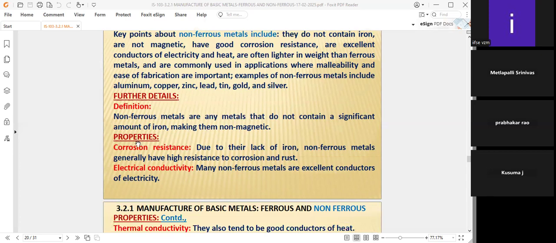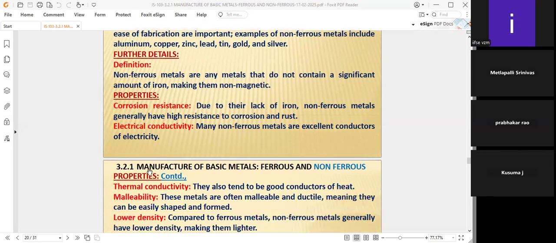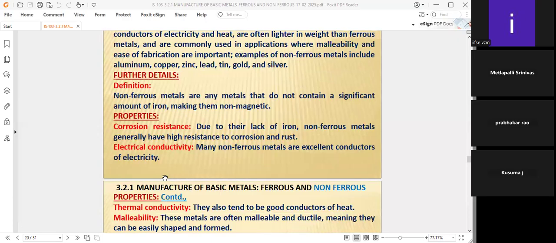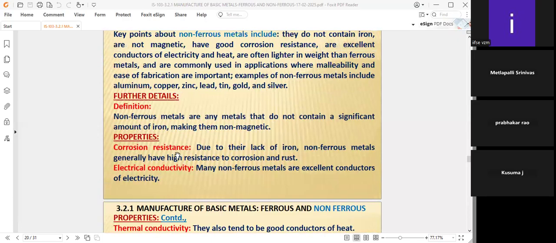The key properties are corrosion resistance, electrical conductivity, thermal conductivity, malleability and lower density. Very important areas. One is corrosion resistance, due to their lack of iron. Non-ferrous metals generally have high resistance to corrosion and rust because the iron content is not there.